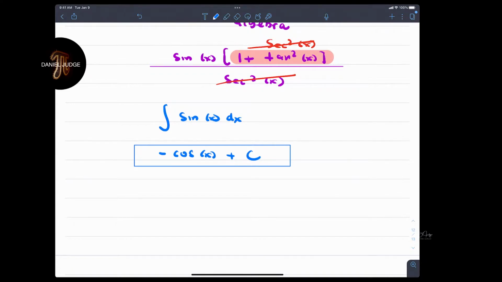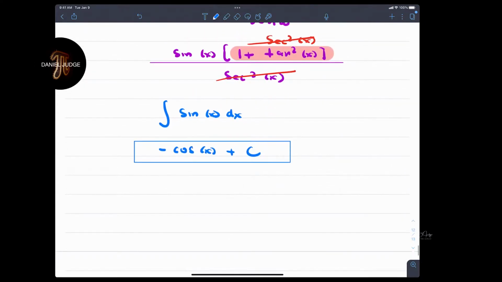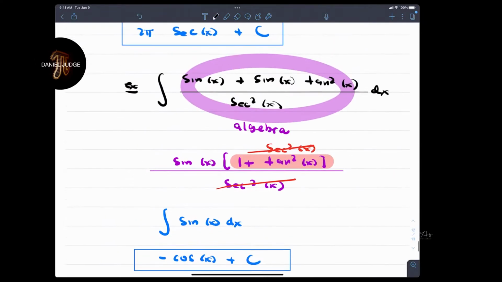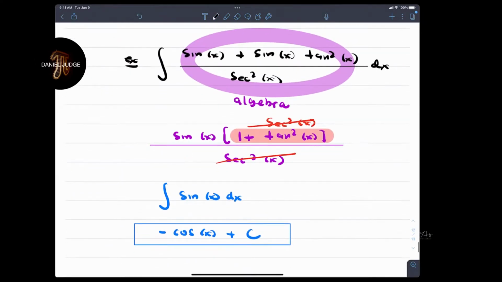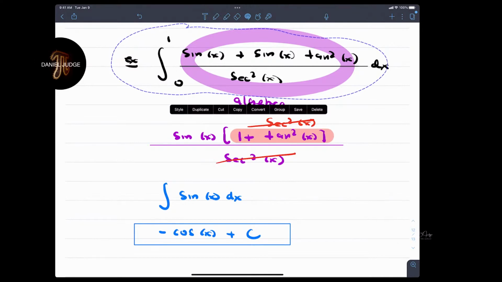And then, by the way, I'm going to ask you if this makes sense. Does this integral make sense? Let me copy this here for you guys.